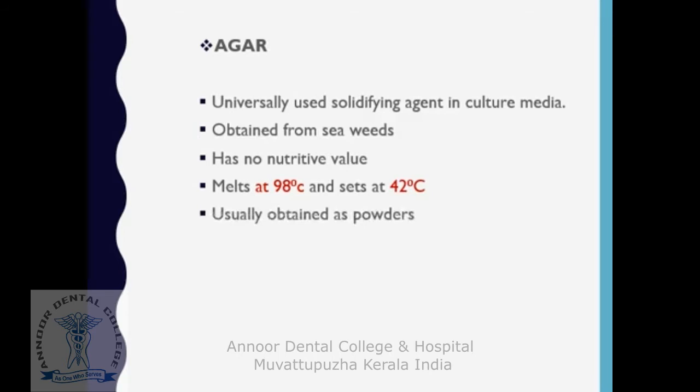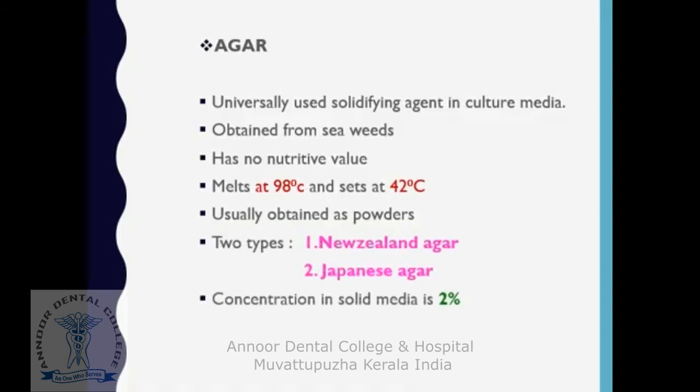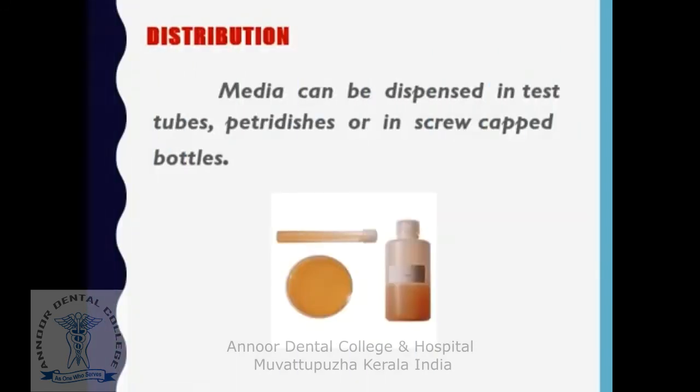It is obtained commercially as powders. There are two varieties, New Zealand agar and Japanese agar. And if you are going to prepare a solid media, the percentage of agar to be added is 2%. And for a semi-solid media, which is having a jelly-like consistency, agar concentration is only 0.2 to 0.5. So these are the common culture media ingredients.